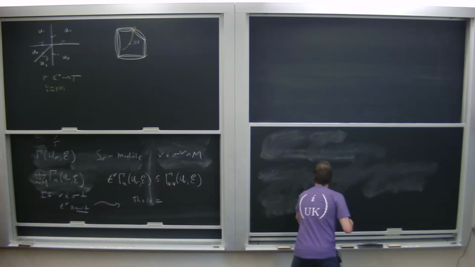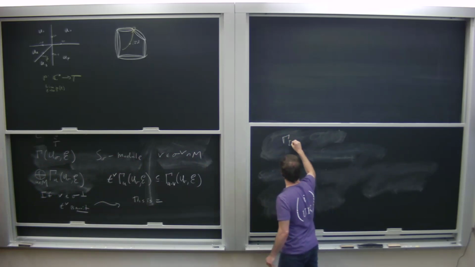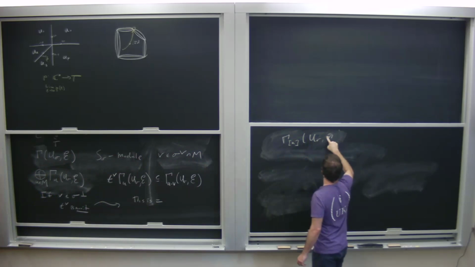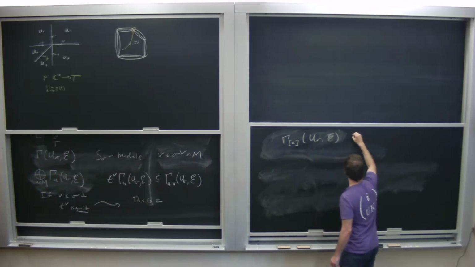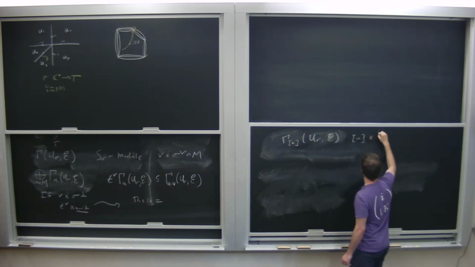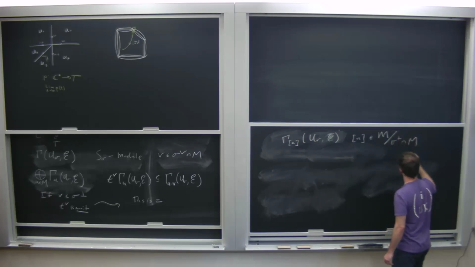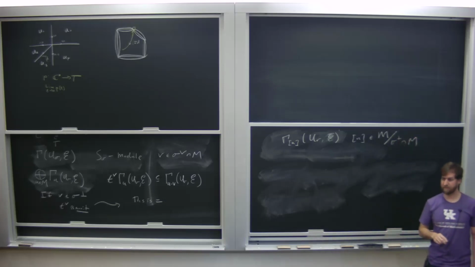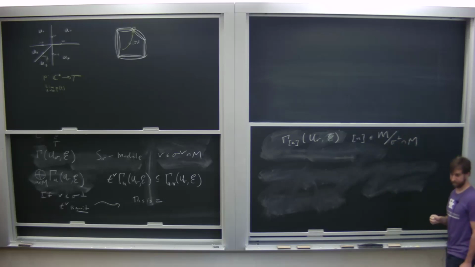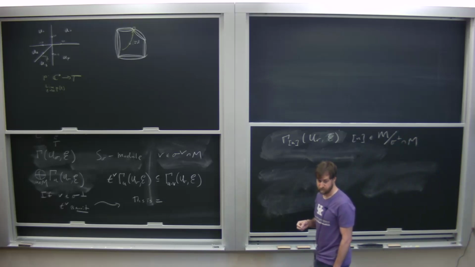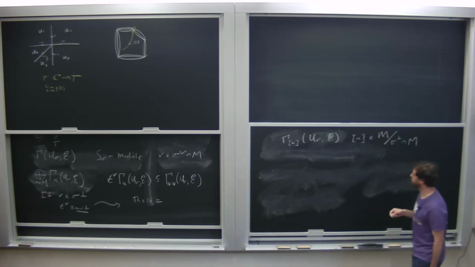So really, we ought to think about the space as little blocky U sigma E, where little blocky U is the equivalence class modulo the perp. Sorry, what is this?